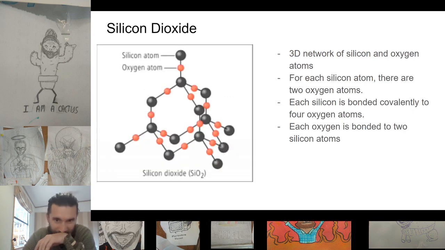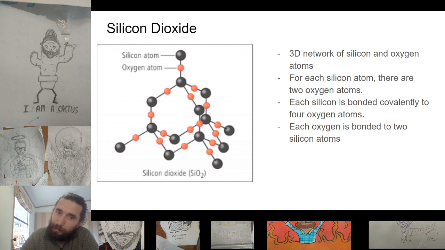And this one is very similar. It's got similar properties to diamond. It's called silicon dioxide. In silicon dioxide, each silicon atom, these are the black ones, is bonded to 4 oxygen atoms. This one, they haven't drawn them all in, but that's how it goes. And each oxygen atom is going to be bonded to 2 silicon atoms.